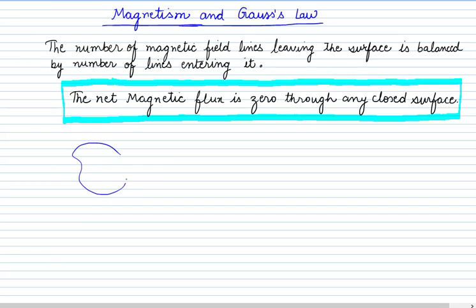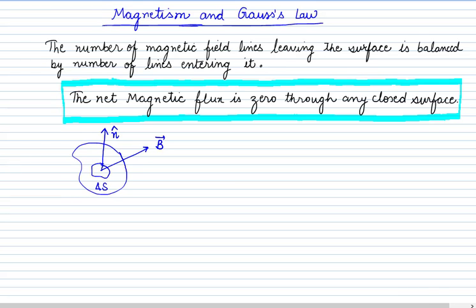So let us draw a closed surface. Within this volume, this is the closed surface. Delta S is the surface element, and this is the direction, the normal to the surface. So this shows the direction of the surface. And here we have the magnetic field B shown like this.